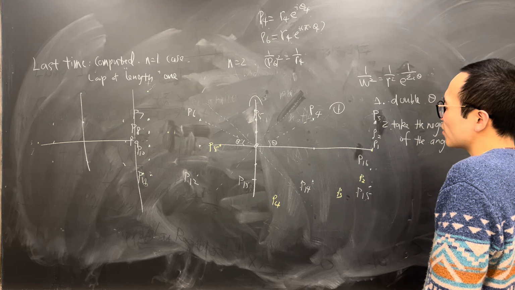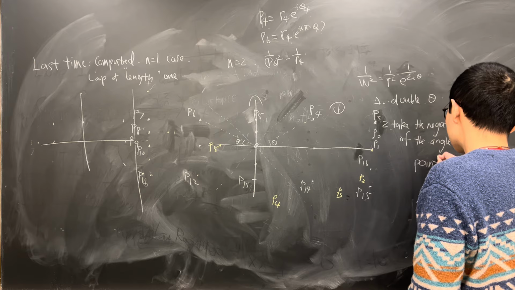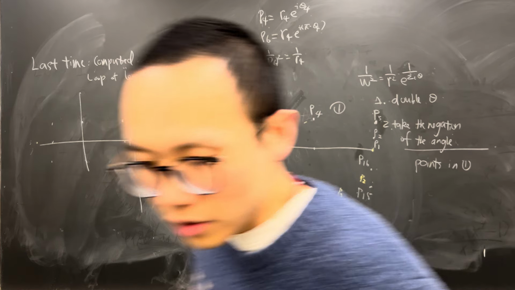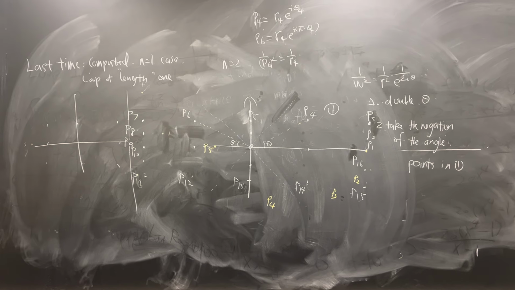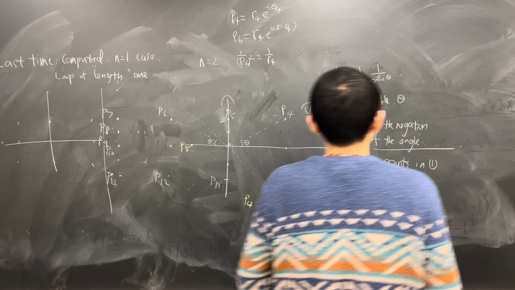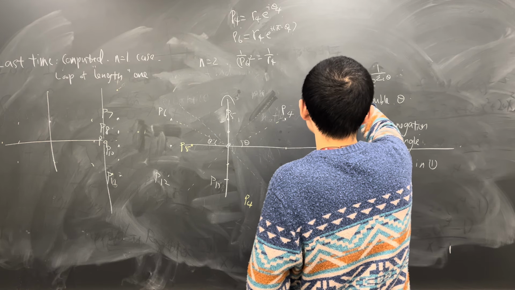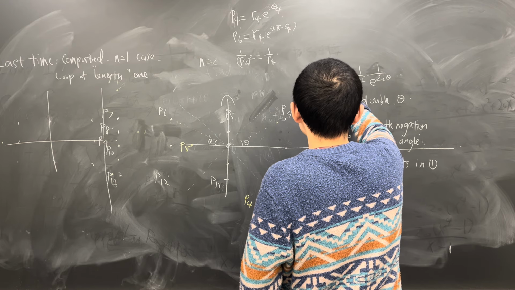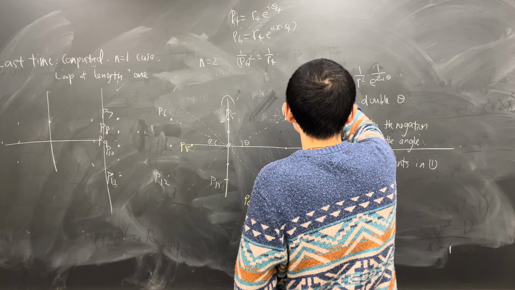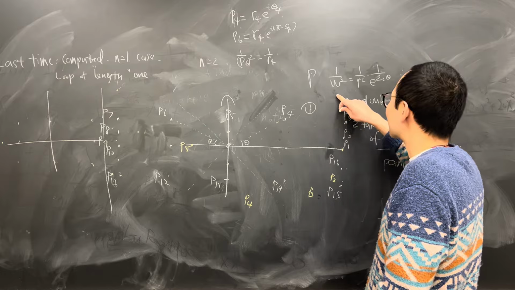So points in this region 1, let's call this operation P. Capital P denotes the operation of taking the 1 over the square operation.